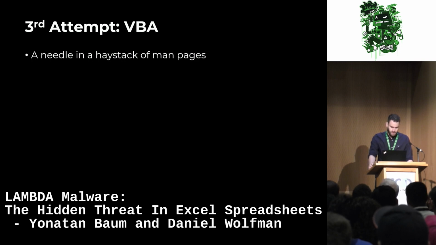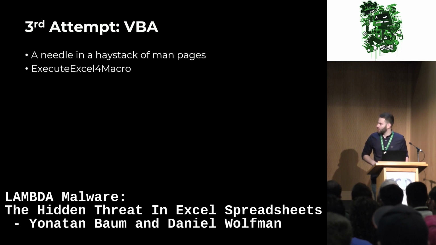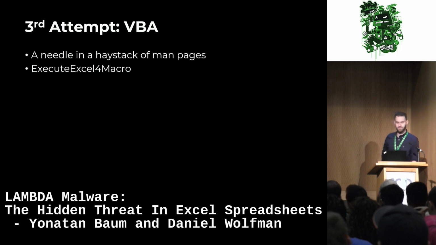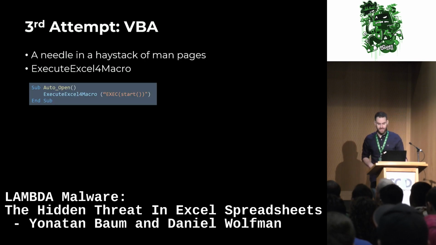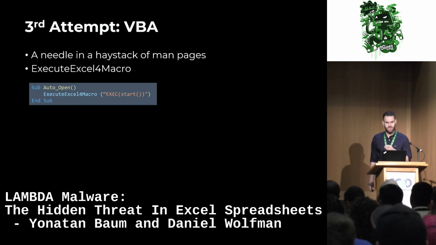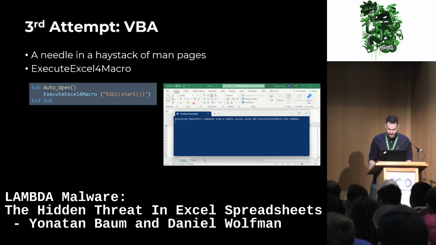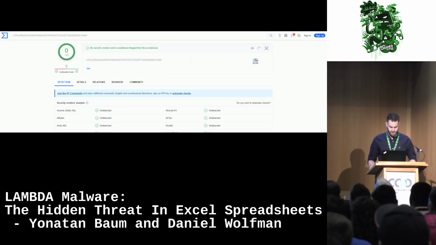And after a while, I came across this particularly interesting and convenient function called ExecuteExcel4Macro. Sounds promising. It does what it says. It takes a string and it executes it just like it would execute an instruction cell in an Excel 4.0 macro. After making some adjustments to my lambdas, I hit run and it worked, and resulted in 0 detections.